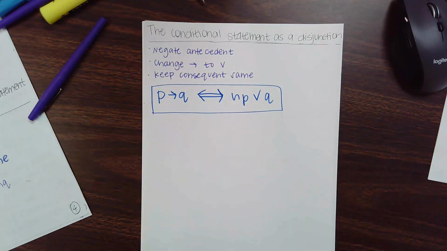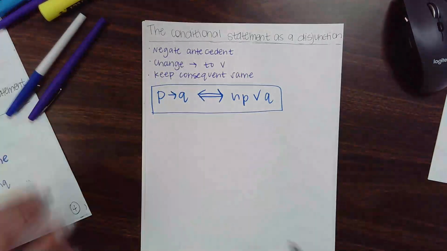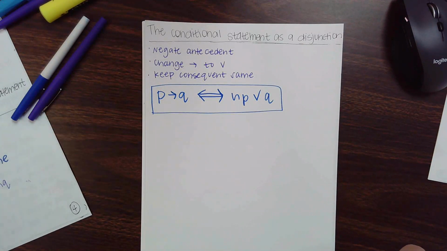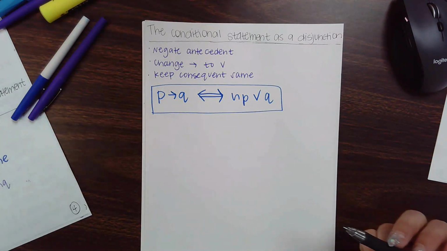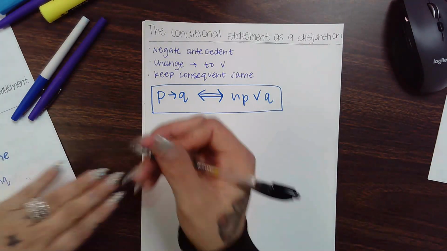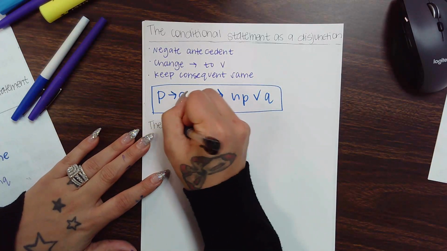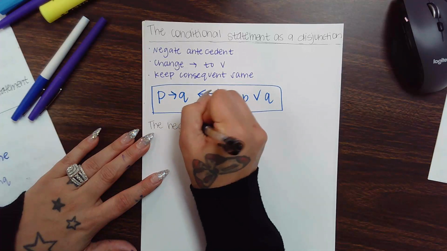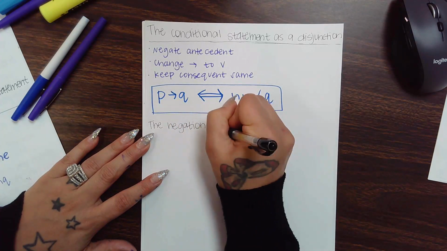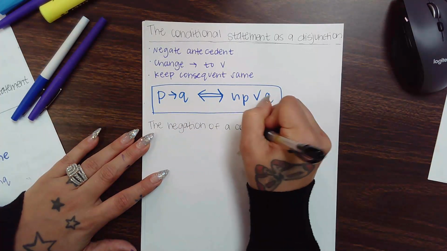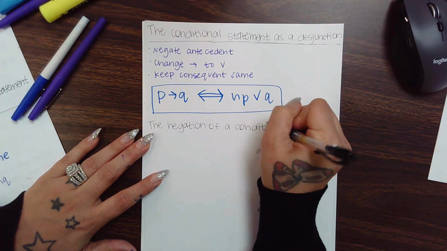Okay, and then we have the negation of a conditional statement written as a conjunction. So it's a little bit wordier there. The negation of a conditional statement written as a conjunction.